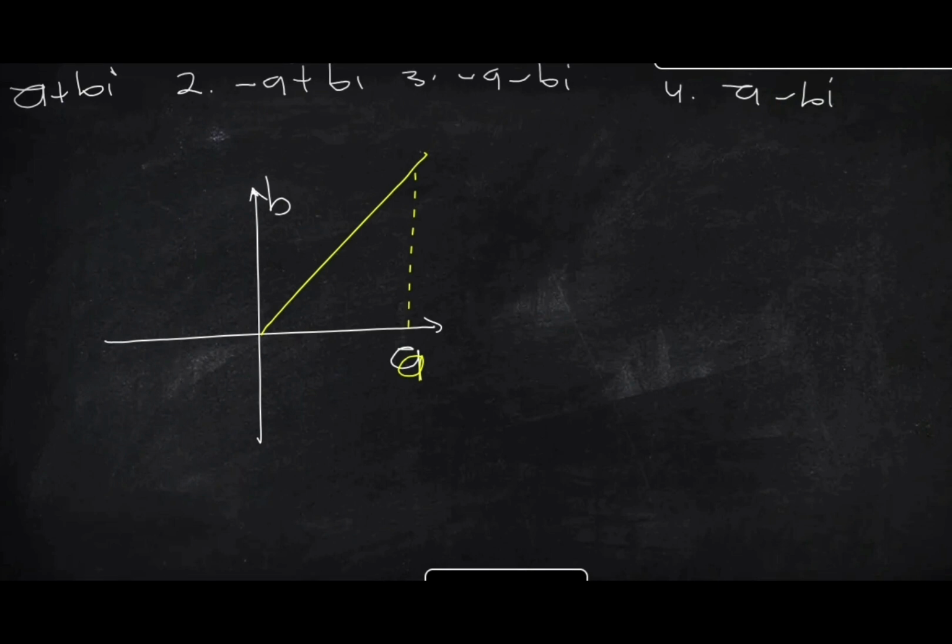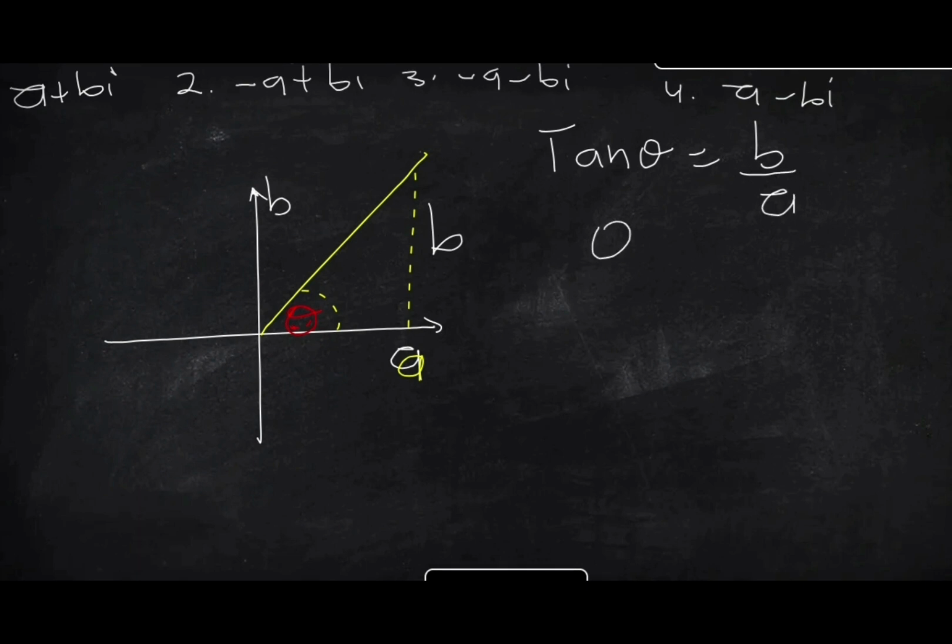So the angle will be here. So our angle theta is simply, tan of theta equals, so tan, that is opposite over adjacent.